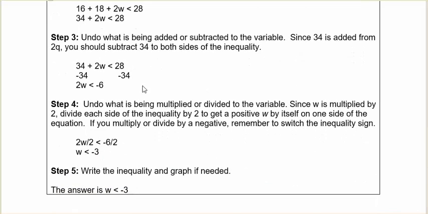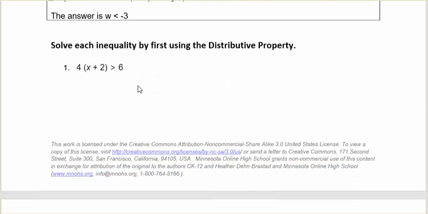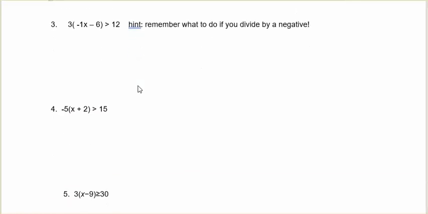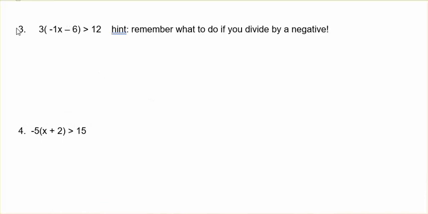All right, I'm going to go ahead and look at one of the problems from your worksheet. Let's look first at number 3. So on number 3, it says 3 times parentheses -1x minus 6, and then close parentheses is greater than 12. There's a hint here, but we'll get to that in a minute.